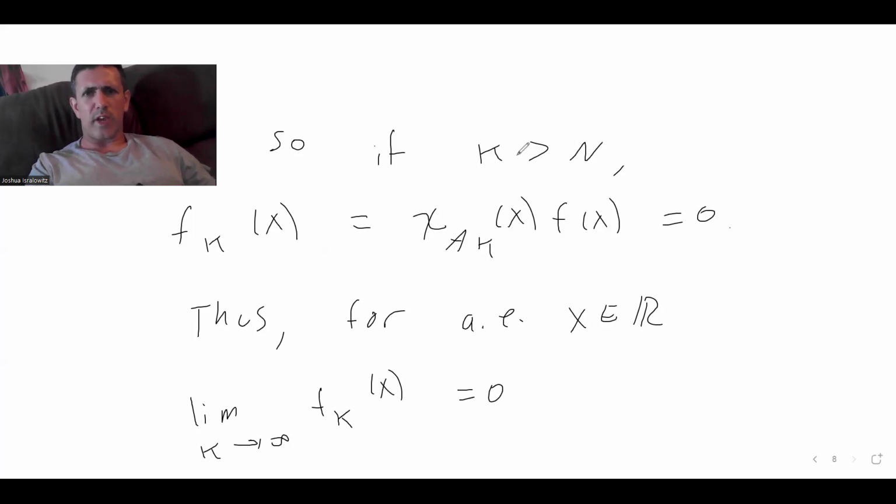There is an N where if k is bigger than N, then x is not in A_k, so the characteristic function is 0. So f_k is going to be 0 for large enough k. How large has to depend on x.